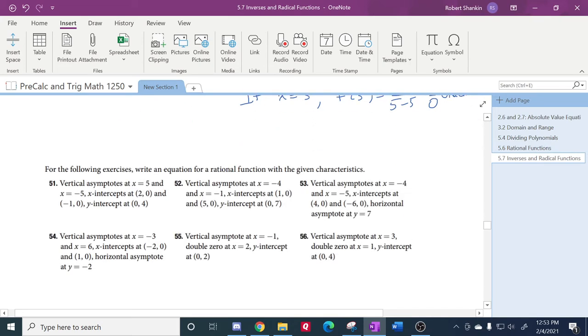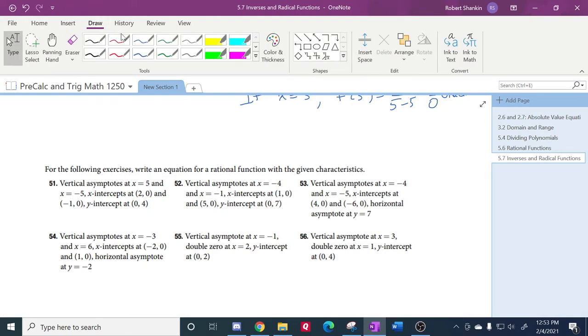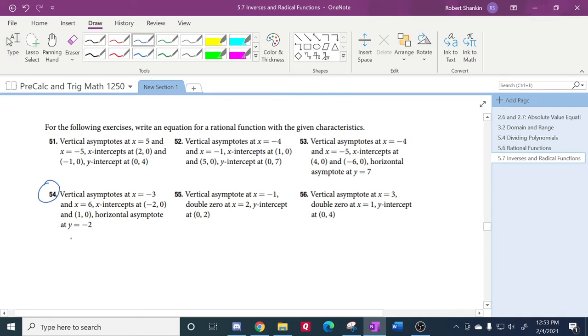Write an equation, and 54. All right. Well, I need to write a function that has a vertical asymptote at x equals -3.